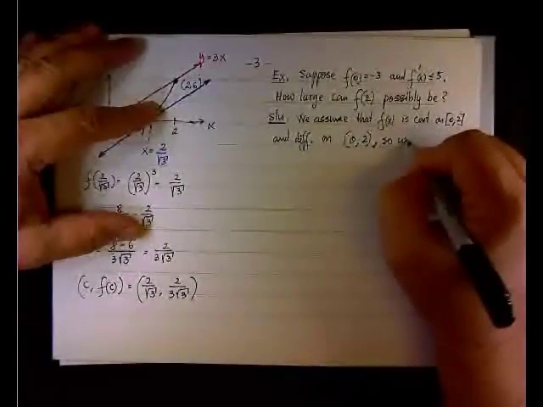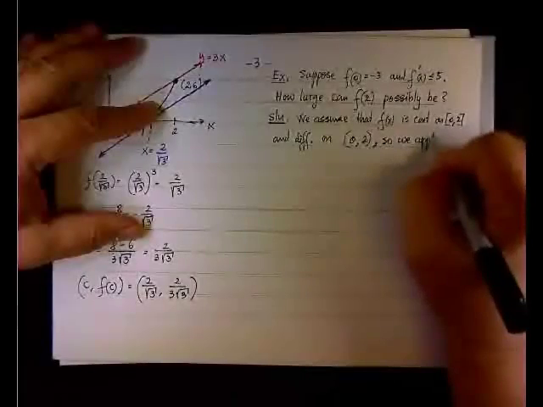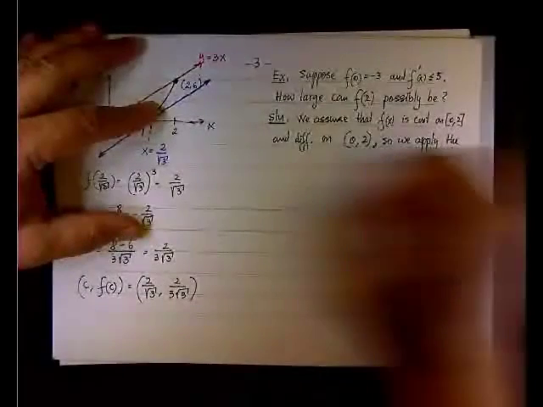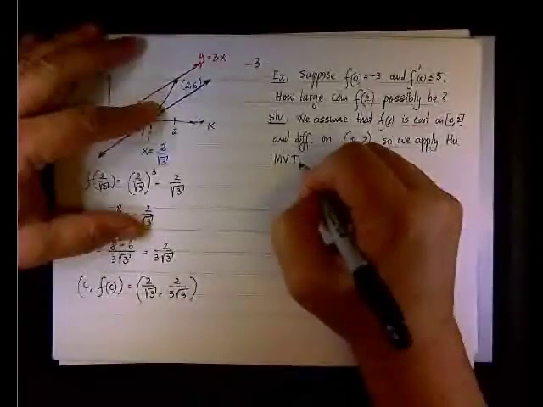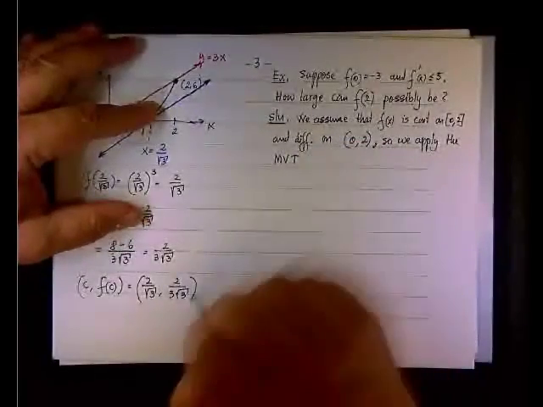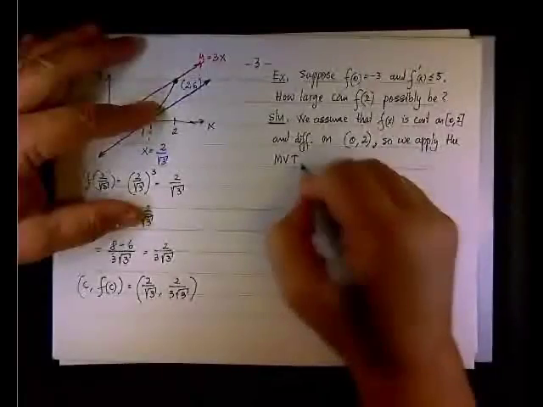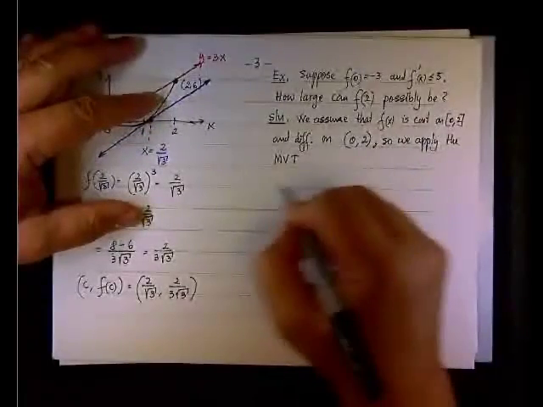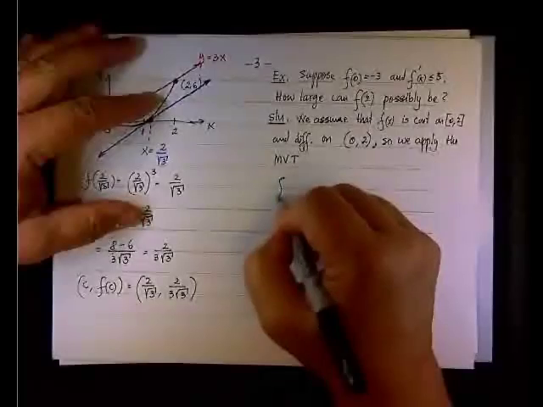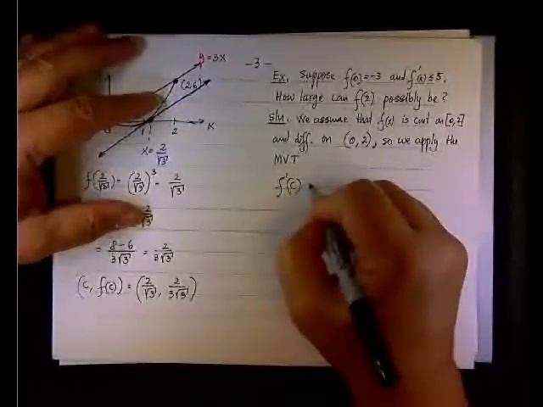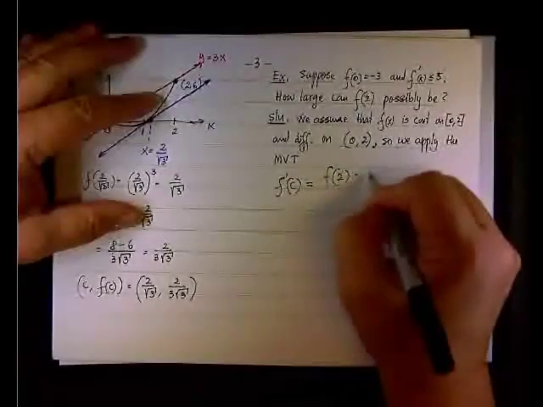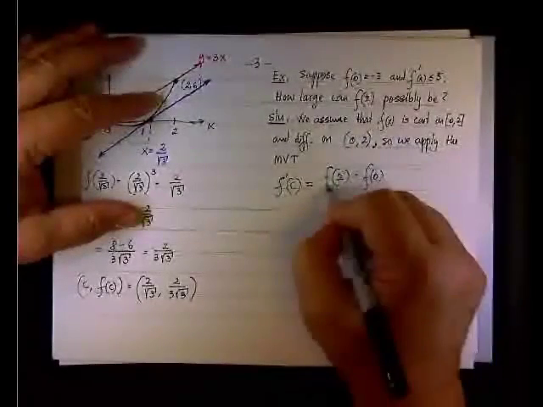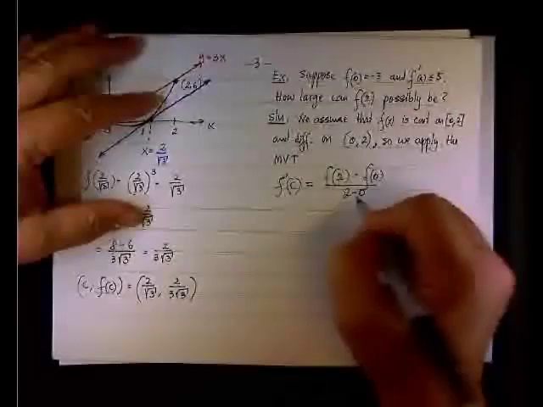So we apply the mean value theorem. How we apply it, we're going to say that f prime of c is supposed to equal f of 2 minus f of 0 divided by 2 minus 0.